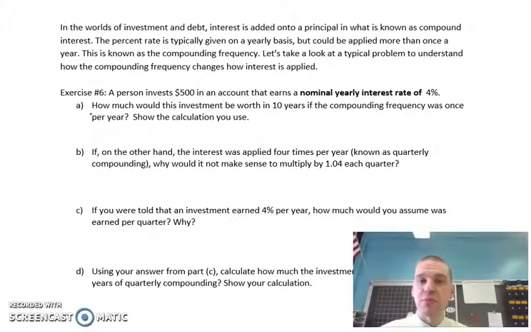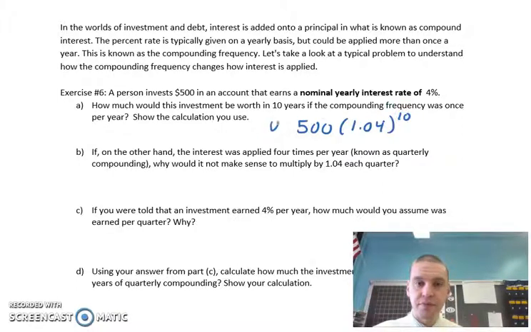How much would this investment be over 10 years if it was compounded once per year? Well, we already know how to do that. That's 500 times 1.04 raised to the 10. And we know that answer to be 740.12.